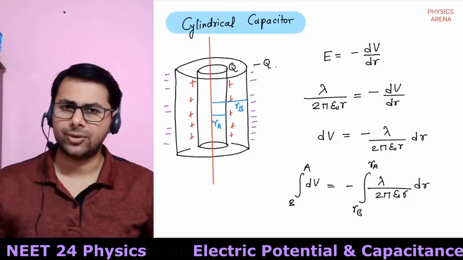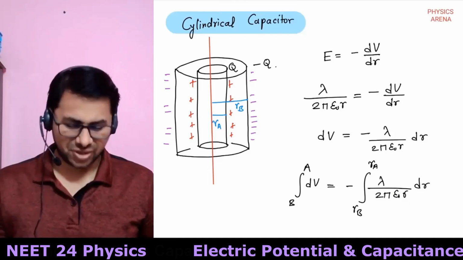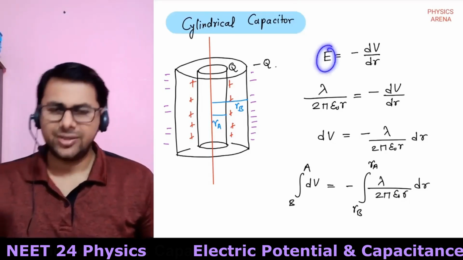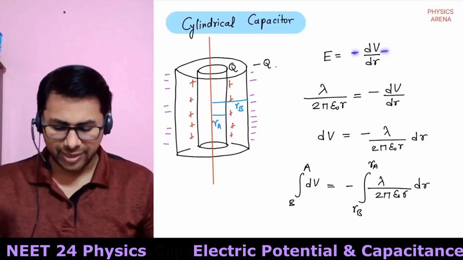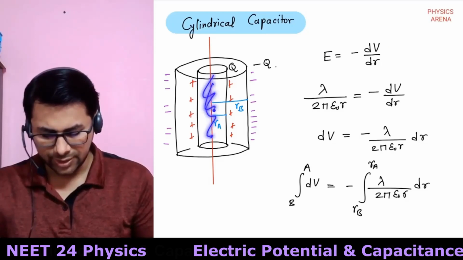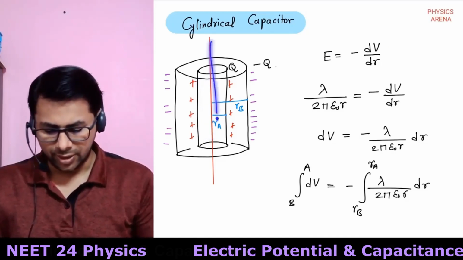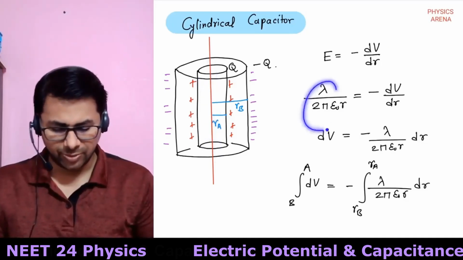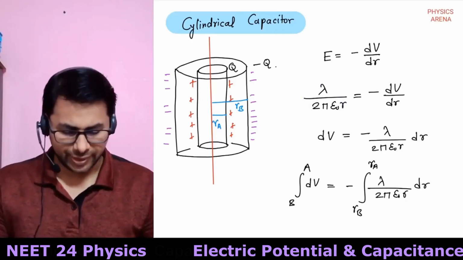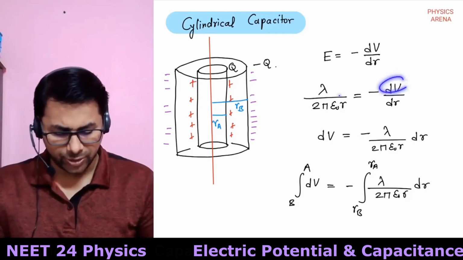There was no question at all based upon cylindrical capacitor, but it's there in the syllabus. So electric field, we know it is minus of dV by dr. Now you have electric field due to a cylinder, or a charged wire, given by this formula, lambda upon 2 pi epsilon naught r. We know this. Now you want to find out the potential difference.